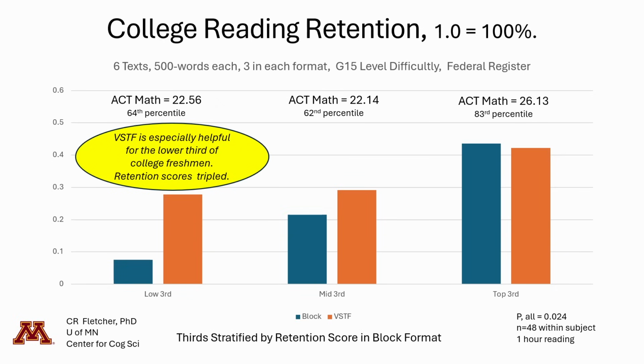The VSTF is especially helpful in the lower third of the college freshmen. Their retention scores tripled. The middle third also had a significant rise in their retention scores. Top third did not appear to need the tool in the context of this particular study.